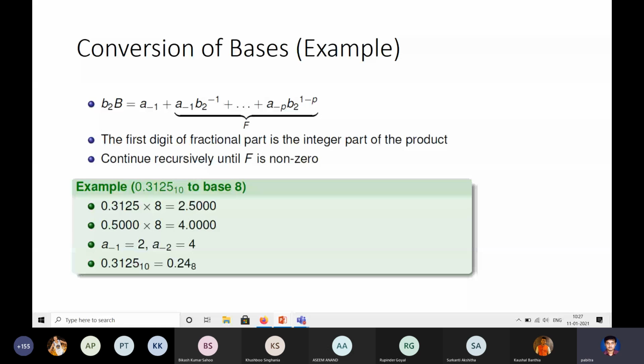And the precision is one thing to be noted. The largest number you can represent is determined by the weight of the most significant bit. That dictates how many bits you have. Whereas the smallest difference between two numbers, or the smallest number you can represent, is given by the weight of the least significant bit.